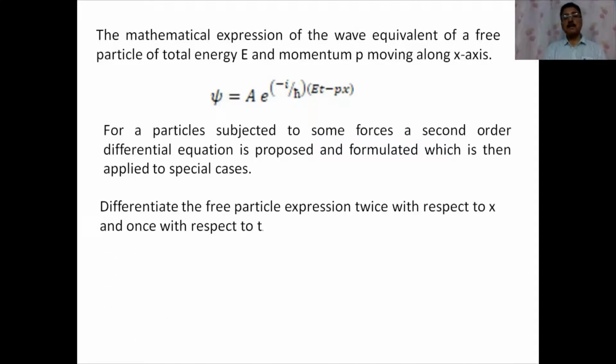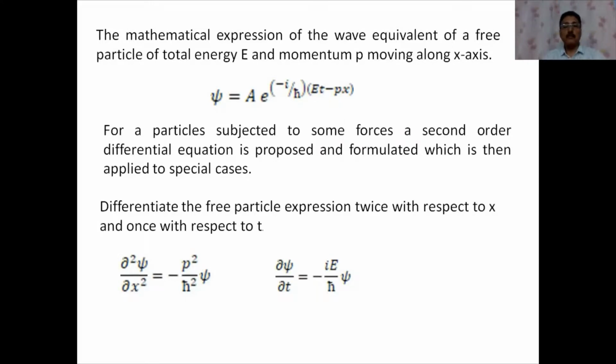Differentiate the free particle expression twice with respect to x and once with respect to t, then you will get this: del 2 psi del x square is equal to minus p square by h cross square psi, and del psi del t is equal to minus i E upon h cross psi.